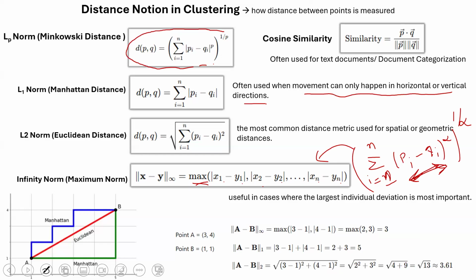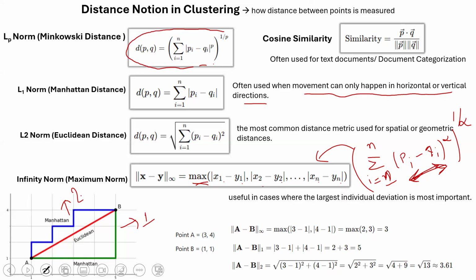You always have to go in the horizontal or vertical directions to reach that particular point. These are two different paths of the Manhattan distance. This is path one, this is path two, where you are only moving in vertical or horizontal directions. That is called Manhattan distance.